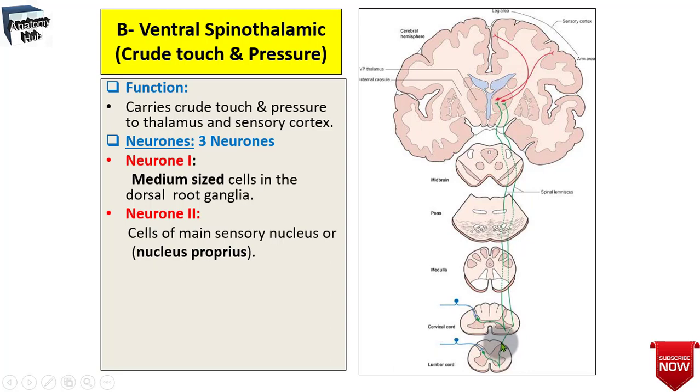So the axons of the second order neurons then pass through the narrow white commissure of the spinal cord. This structure is a thin section of white matter fibers that crosses the midline of the spinal cord, and it is found between the posterior gray commissure and the central canal.